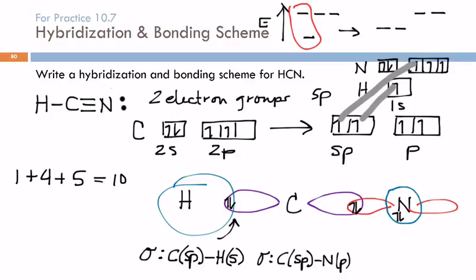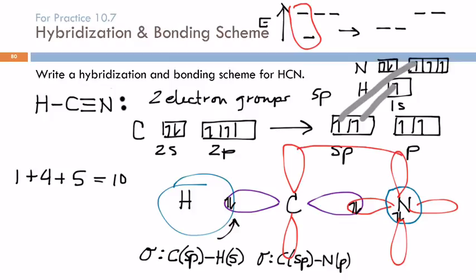What about these orbitals and these orbitals? Well, look at the Lewis structure. There's a triple bond. We need to describe those. There's two more bonds. So this is where things get messy. So we've got an unhybridized orbital on the carbon and on the nitrogen.